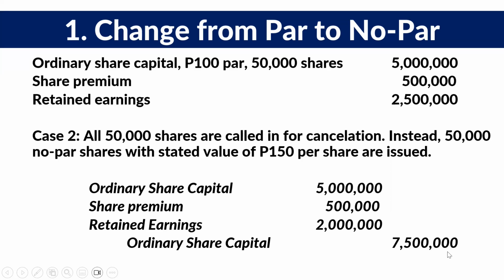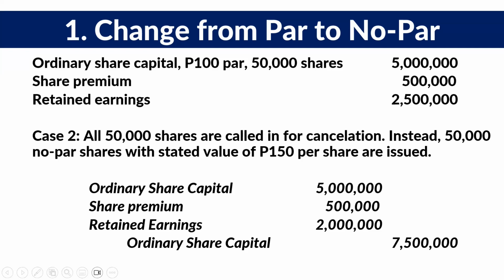Na kung makikita natin, kulang yung debit side compared to the credit side. So hindi enough yung existing balance na share premium para ma-cover up yung excess or difference between the new stated value and the old par value, which is 100.